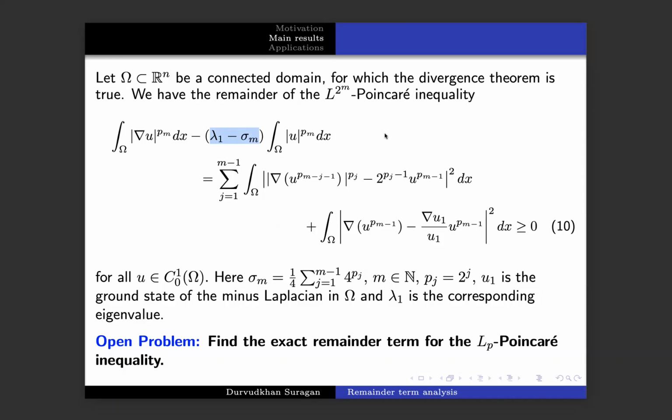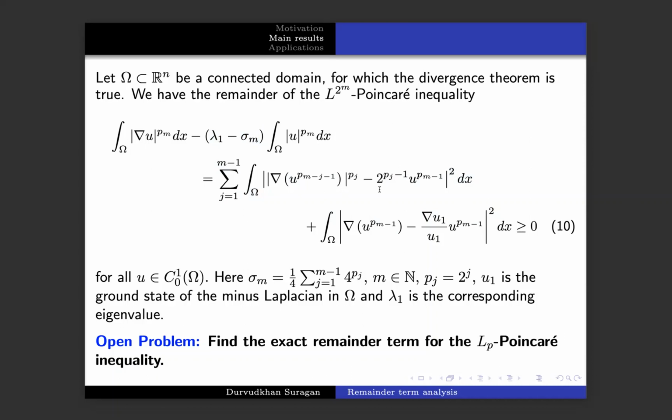But in the case where this number is less than lambda 1, then it gives something. At least, again, sharpness is not clear, because in this case, on the right-hand side, to do the next step, to find extremizers and analyze the characterization of whether this constant is optimal or not, we need to study the term on the right-hand side.